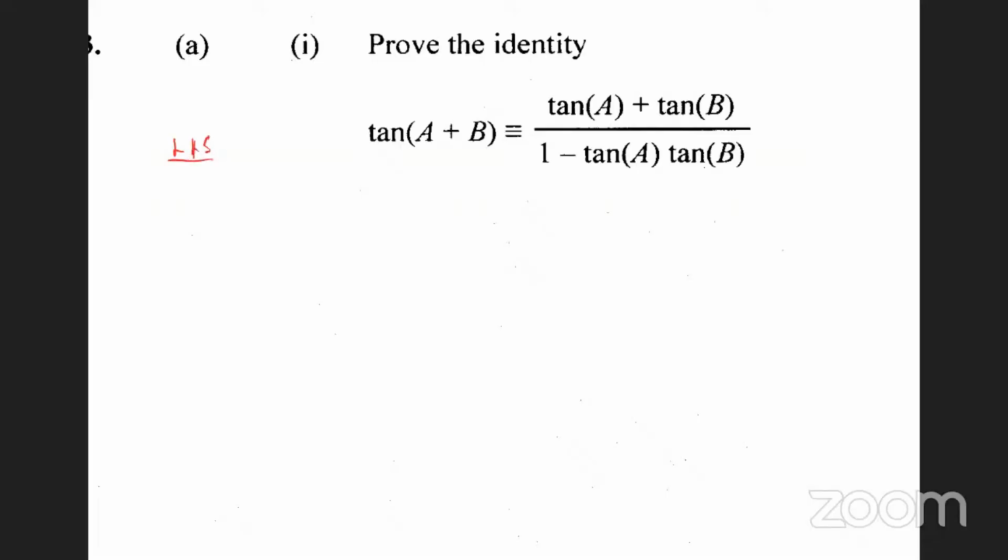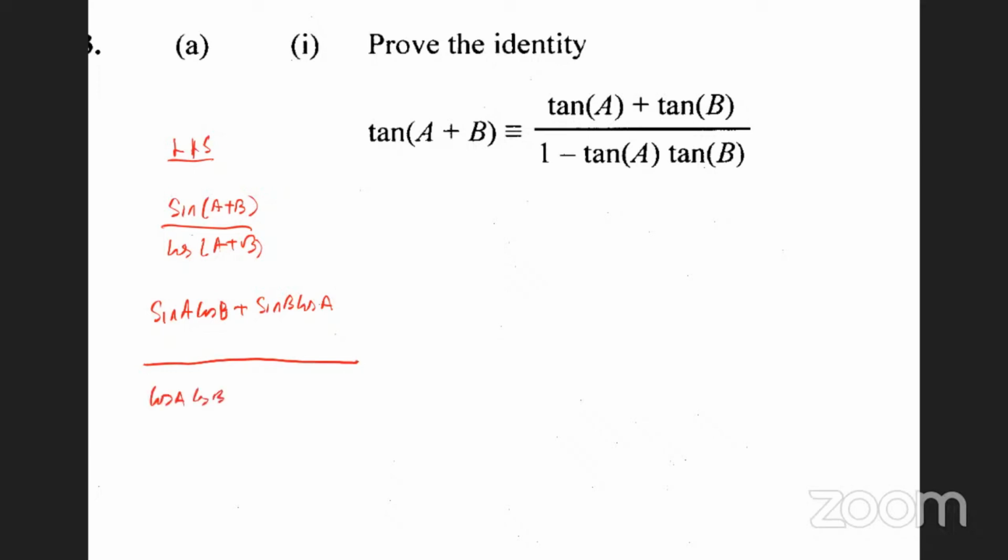If you choose to use the left-hand side, you'll end up with sine A plus B over cos A plus B, which is sine A cos B plus sine B cos A, all over cos A cos B minus sine A sine B. Here's the problem, right?